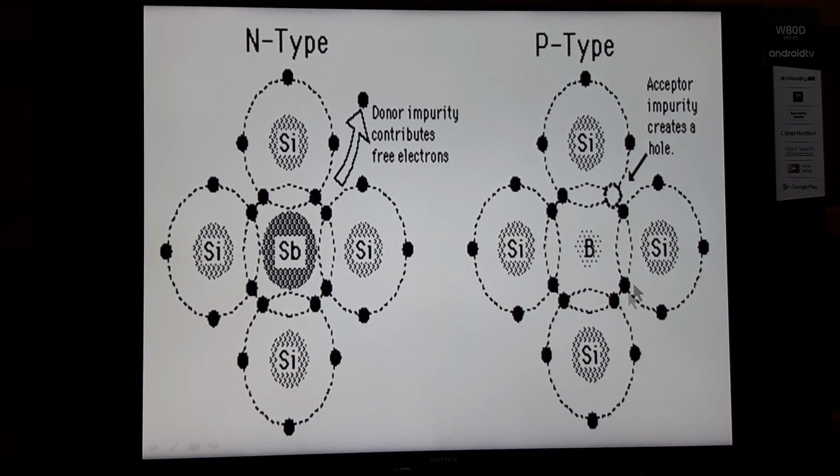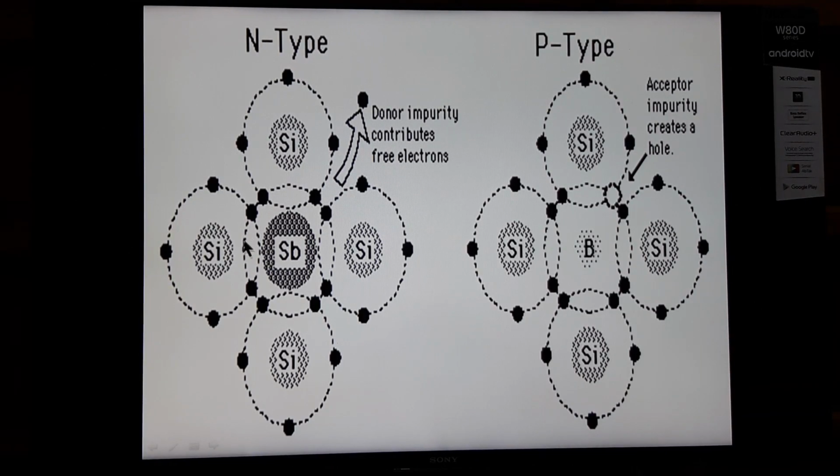Similarly, the doping of a trivalent atom like boron creates an excess hole in the valence band structure of the silicon lattice structure, and as per the doping density of this dopant atom, we get a number of excess holes in the valence band of the semiconducting material, and hence we term the material as positive type or P-type material.